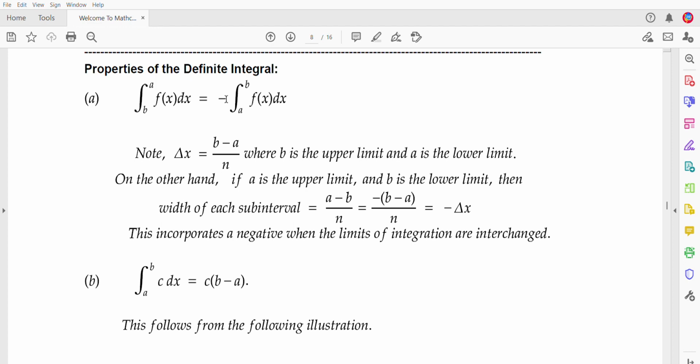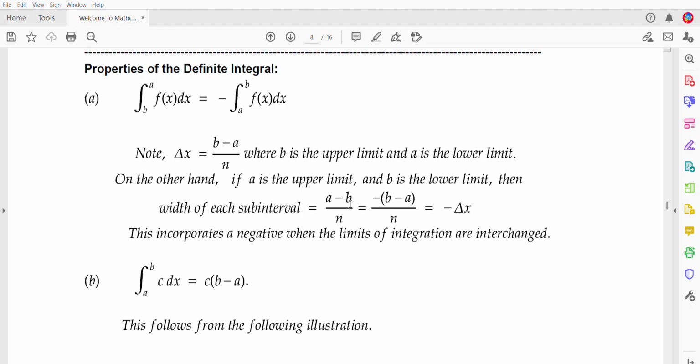This happens because of the width of each subrectangle. Notice width is given by (b minus a) over n when b is the upper limit and a is the lower limit. On the other hand, if a were the upper limit and b the lower limit, then the width of each subinterval will be upper limit a minus lower limit b, over n.